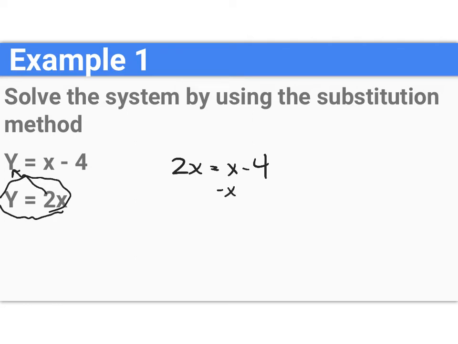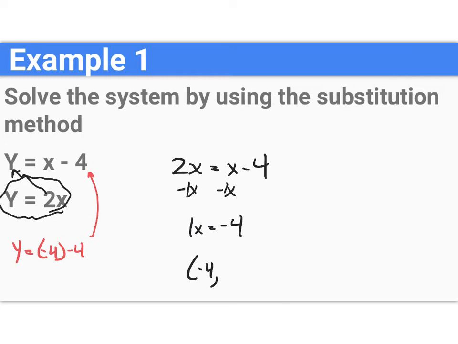You subtract x from both sides. 2x minus 1x gives you 1x equals negative 4. So when x is negative 4, that is the x coordinate of your point. Now what you have to do, and most people forget to do, is put the negative 4 into both equations. I'm substituting into the first one.